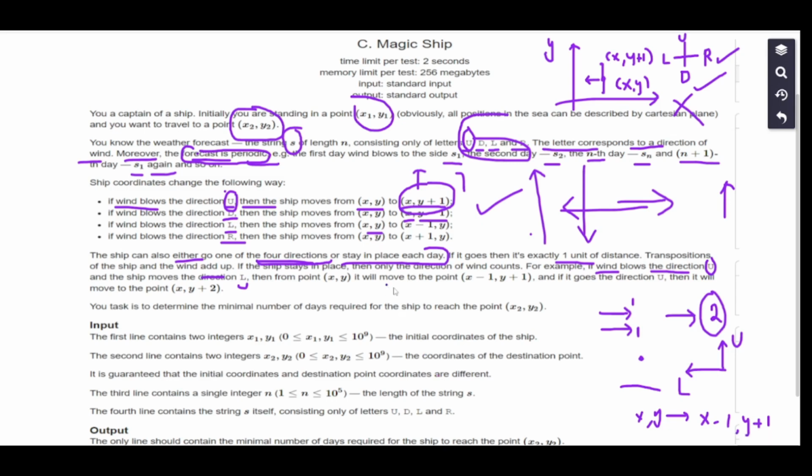That means 1 unit towards the left due to the ship itself, while 1 unit upward due to the wind.